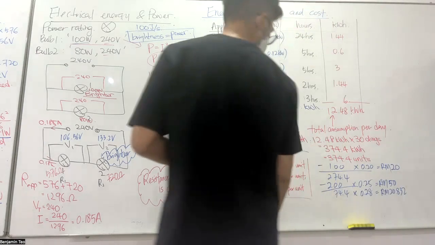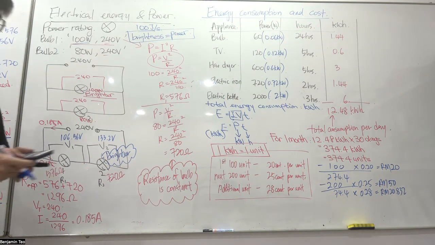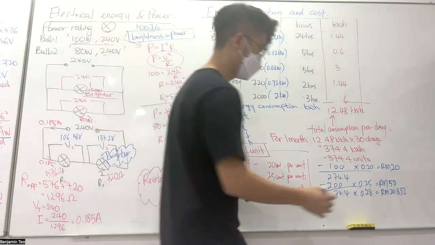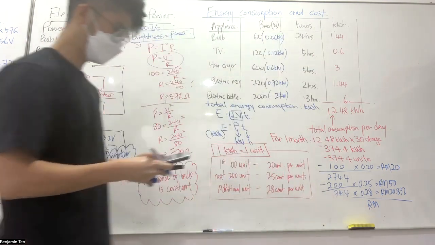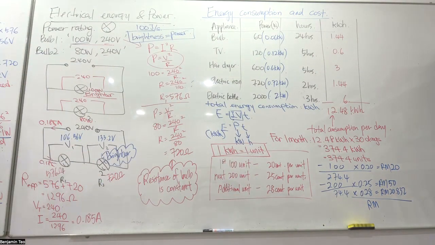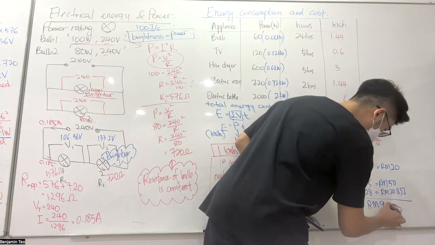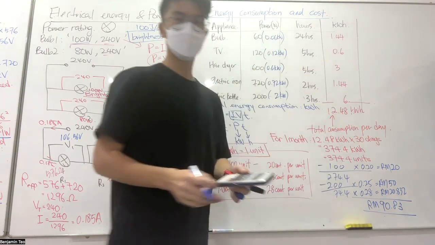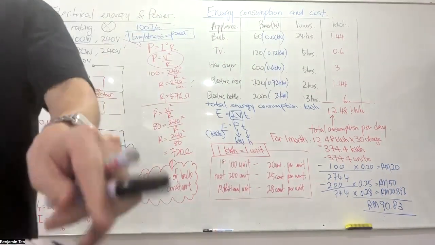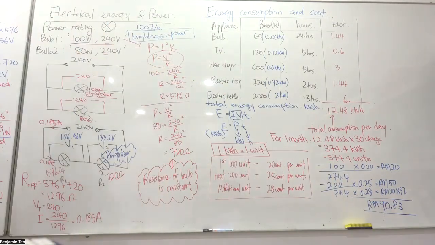Example. Okay. 90.83 is your electricity bill.